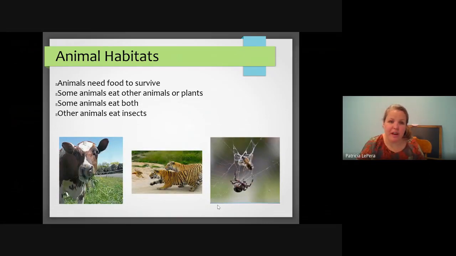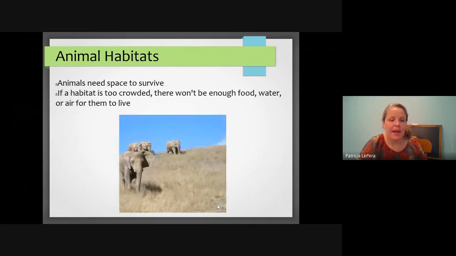Animals need food to survive, different types of food. So some animals eat other animals or plants. Some animals eat both animals and plants. And then other animals eat insects. Animals need space to survive.